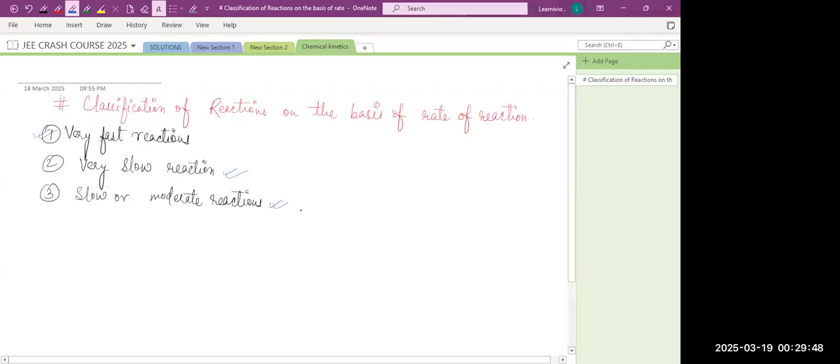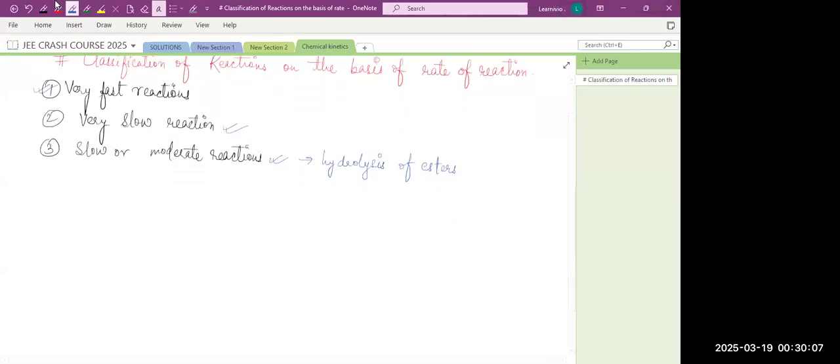For example, the best example is hydrolysis of esters. It is a slow type of reaction. Okay, clear? Yes, ma'am.